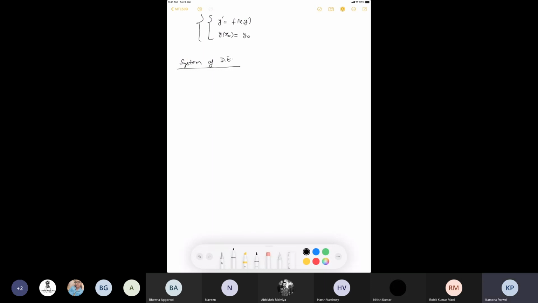Okay, so I'm going to consider m differential equations here, and the variables which I'm using are y1, y2 up to ym. So the first differential equation is y1 prime equals, so this is a coupled system, f1, which depends on x, y1, y2 up to ym.